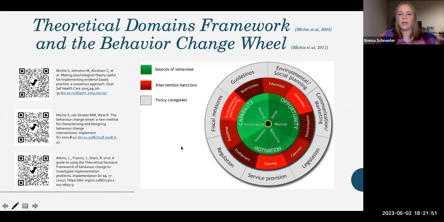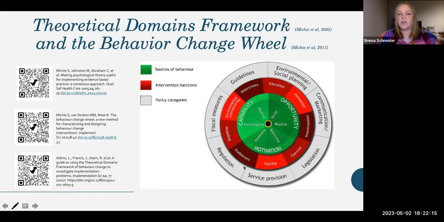The behaviour change wheel really comes down to this green circle, this capability, opportunity, motivation. And this talks about someone's physical, psychological, reflective, or their personal reasons for wanting to think about changing their behaviour. Or if we change opportunity, it actually has an effect on capability and motivation. If we change motivation, it also affects capability and opportunity, and so forth.